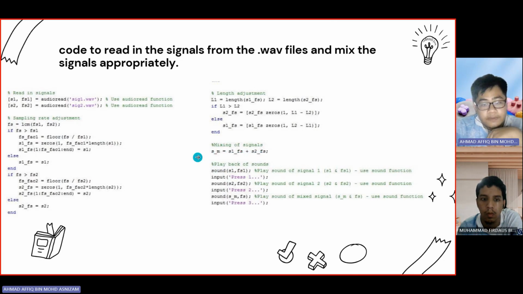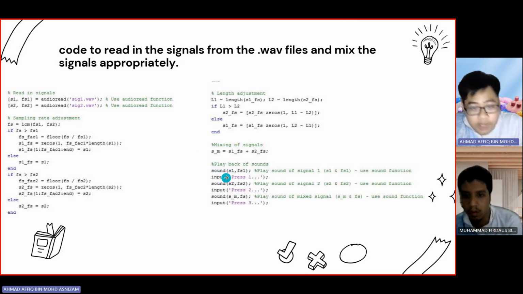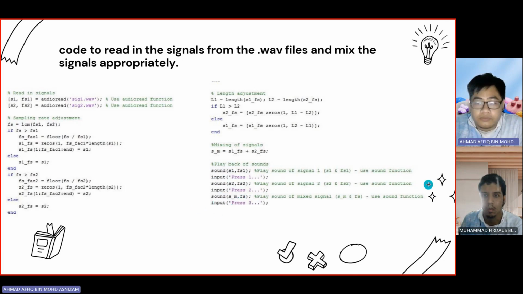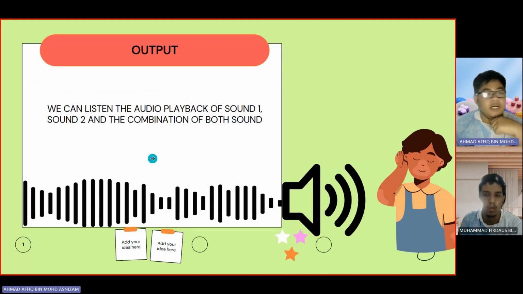Then the last part, I make a comment to play back the sound with the sound function: sound F1 FS1, then sound F2 FS2, and sound SM FS. So the output is that we can listen to the audio playback of sound 1, sound 2, and the combination of both sounds.